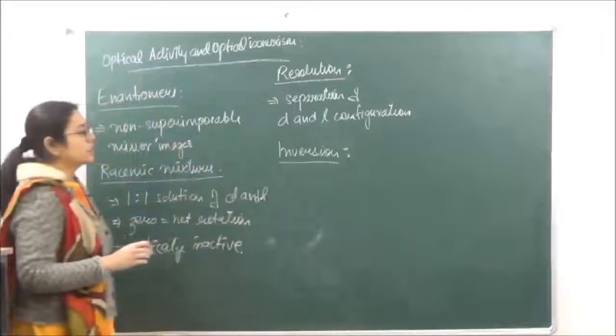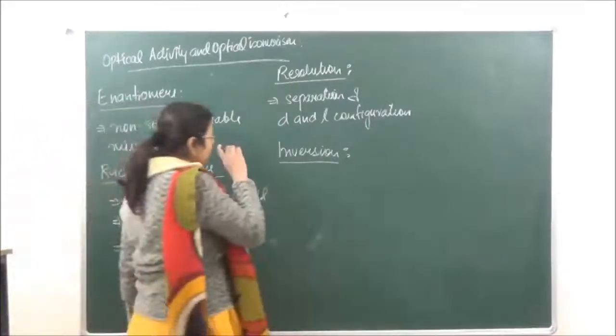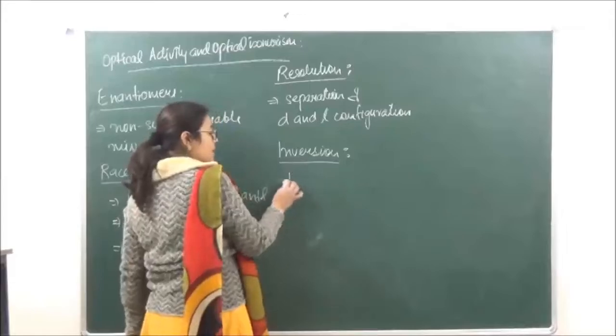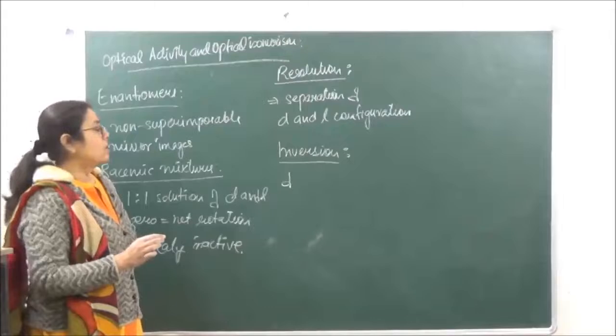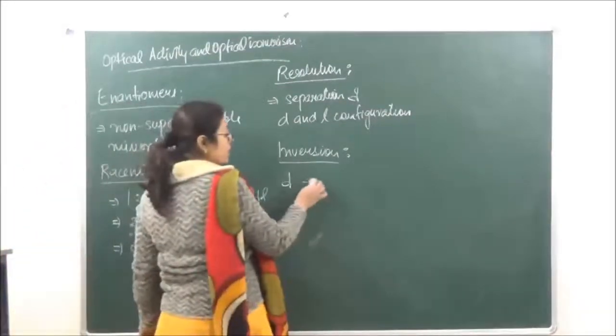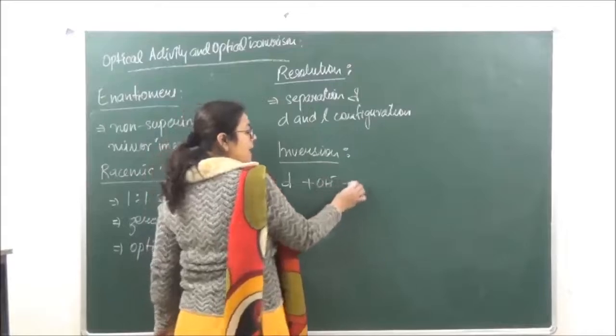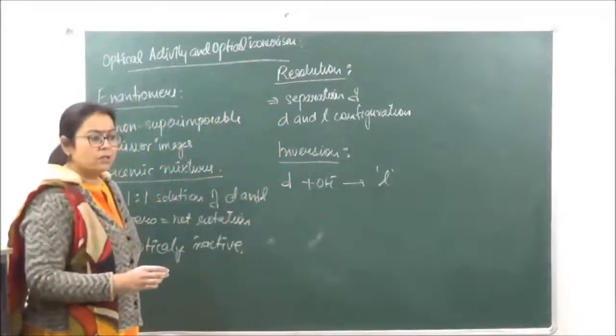Inversion of configuration. What do we understand by inversion of configuration? It so happens that sometimes we start a reaction with a D configured organic substance, the reaction takes place, and we get a compound which is L configured.